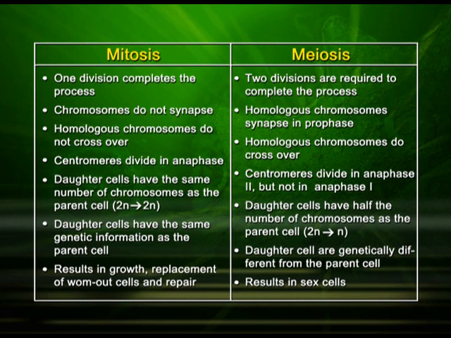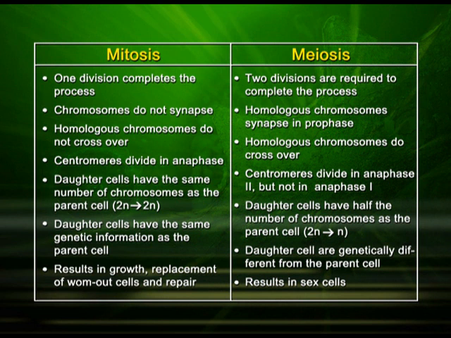In meiosis, homologous chromosomes synapse in prophase. In mitosis, homologous chromosomes do not cross over, whereas in meiosis, homologous chromosomes cross over. Centromeres divide during anaphase in mitosis, whereas in meiosis, centromeres divide in anaphase 2, but not in anaphase 1.